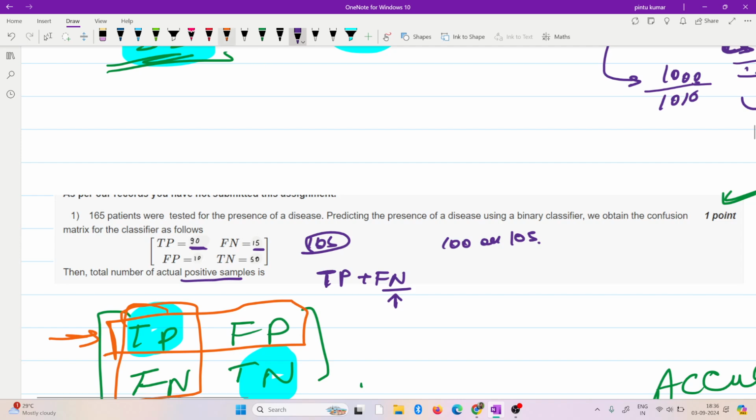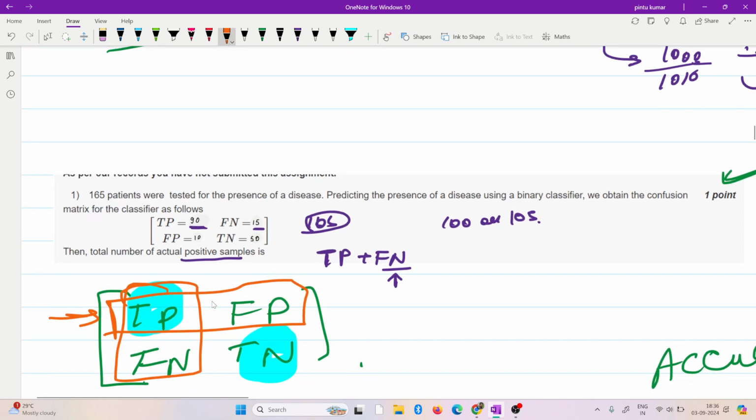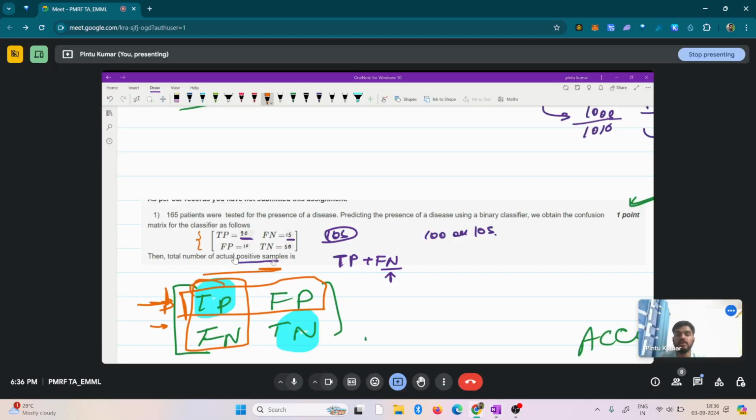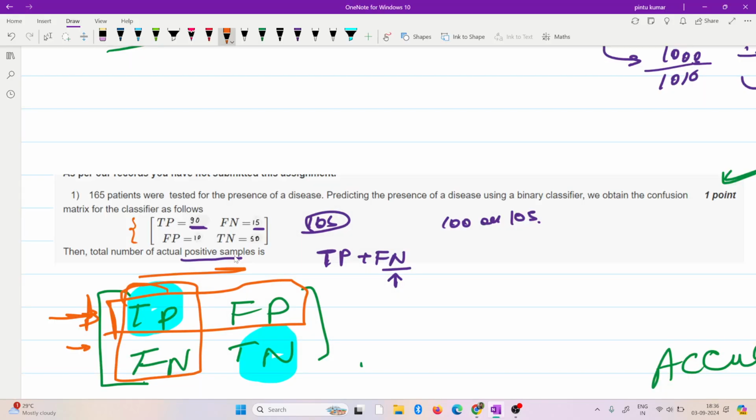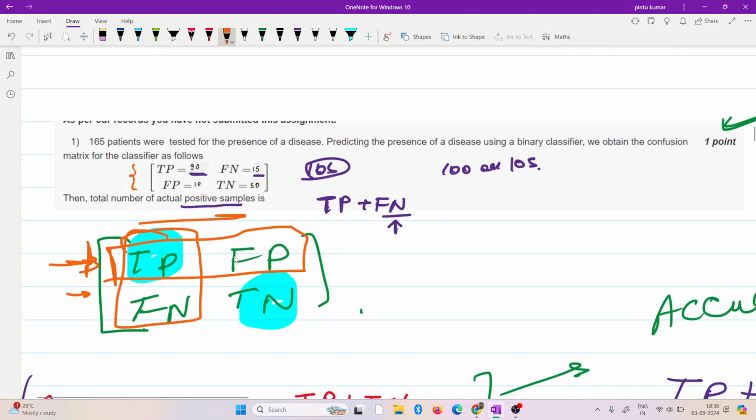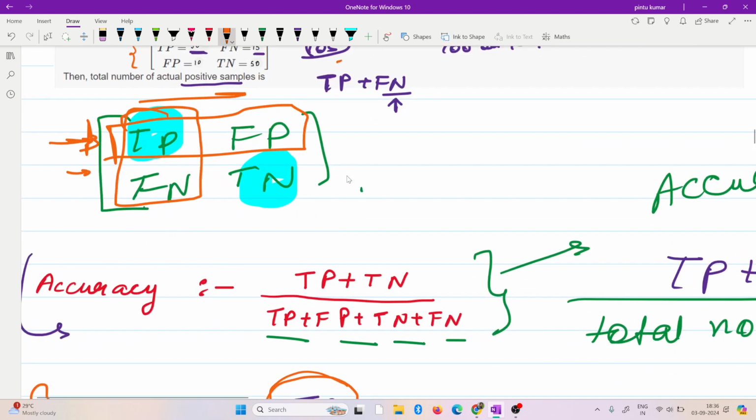The way in which we wrote our matrix, we had predicted values row wise and actual values column wise. Here they have just reversed that. I included this example to tell you that people can use different kinds of notation, but you just stick to one of them and you should be fine. So the correct answer is 105.